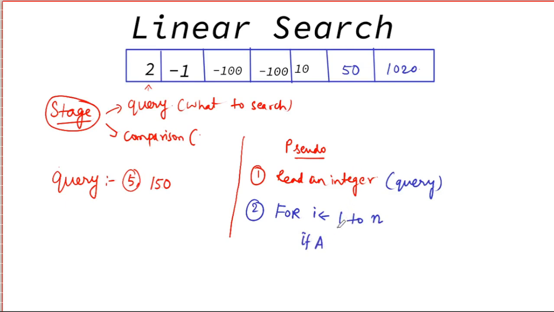Let's say the function is linear search, taking the array A, comprising all the numbers, let's say from minus n to plus n, where n is the input or range provided by the user.